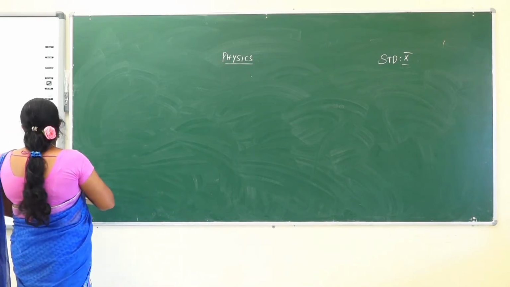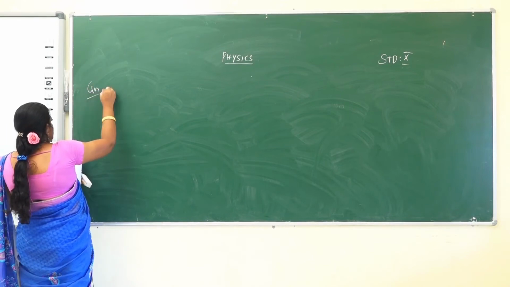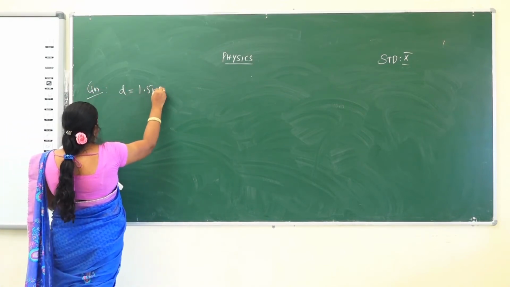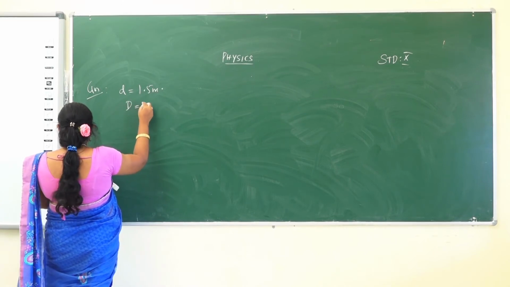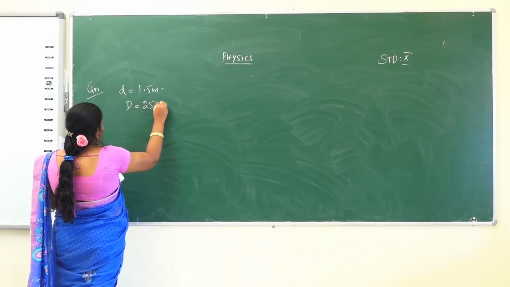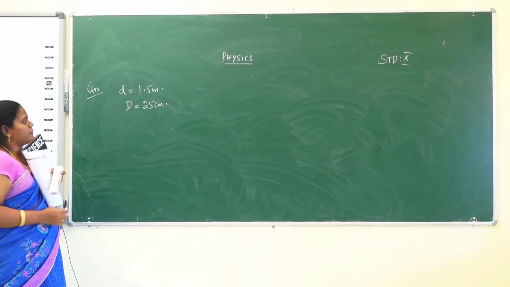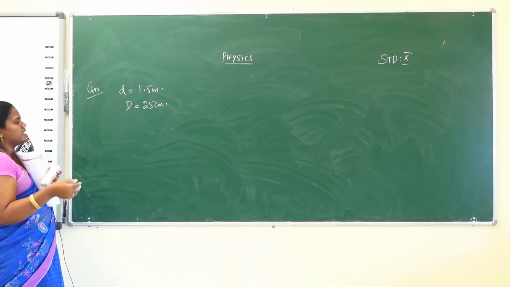So what are the given values? Small d is equal to 1.5 meter and capital T is equal to 25 centimeter. What is small d? The distance up to which the person can see, that is small d.